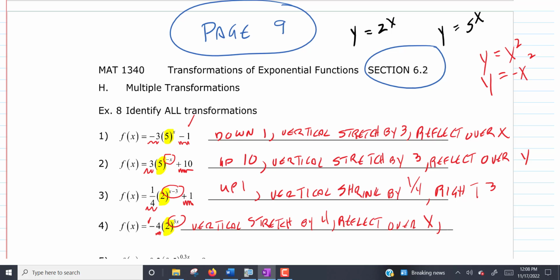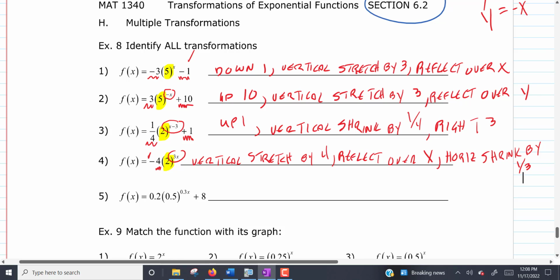What it is, it's a horizontal shrink by the reciprocal, by 1/3. That's the same stuff that we learned with any other function. Anything that's inside of the exponent is going to be backwards to you, okay? Just like x minus 3 is right 3, not left 3, okay?